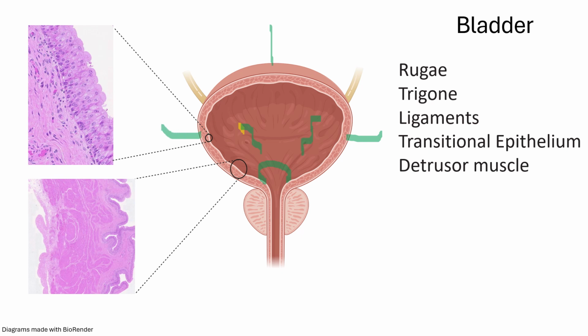A cross section of the bladder reveals that it is lined with transitional epithelium, which also allows for expansion. So there are some rugae in this low magnification that allow for expansion, but also these dome-shaped cells here allow for expansion.